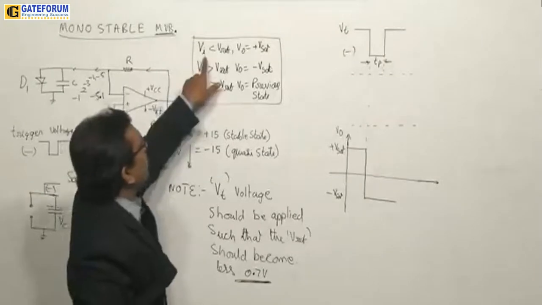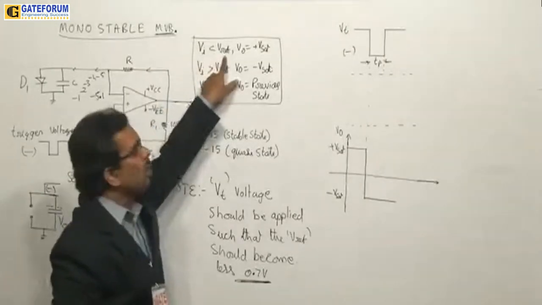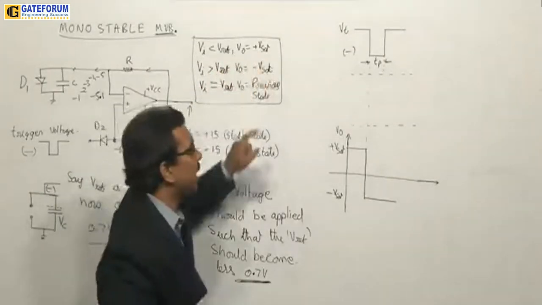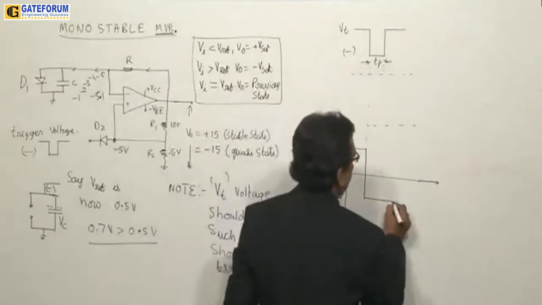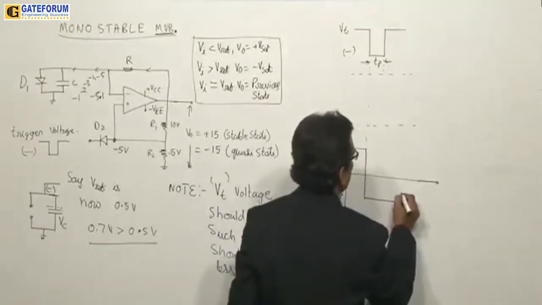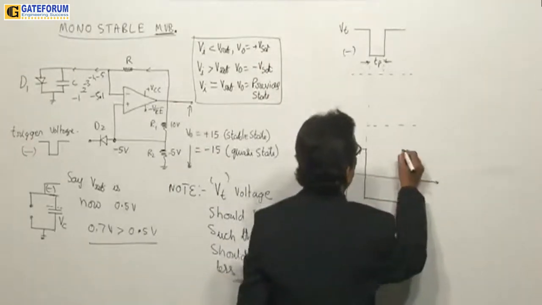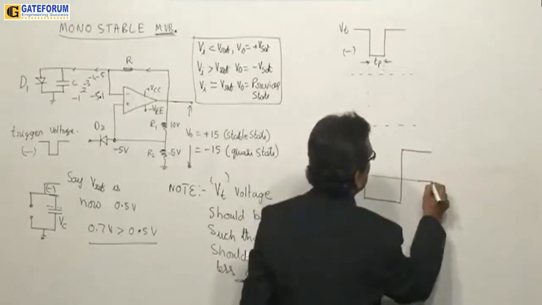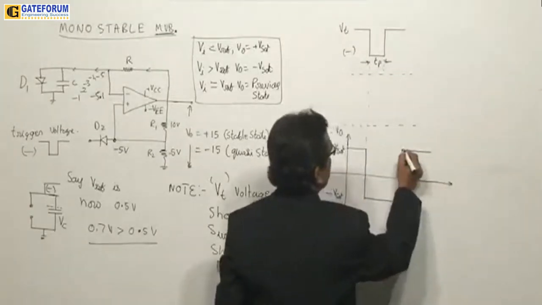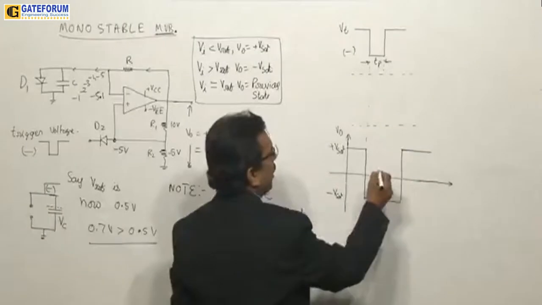As the input is less than the reference, the output should be at plus Vsat. So immediately the circuit output shifts from this point to this point, like this.